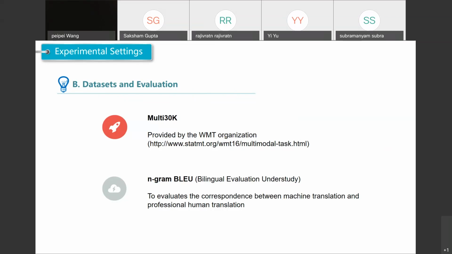The details of the datasets are described in our paper. We use BLEU to evaluate the correspondence between machine translation and professional human translation, where N equals 4.